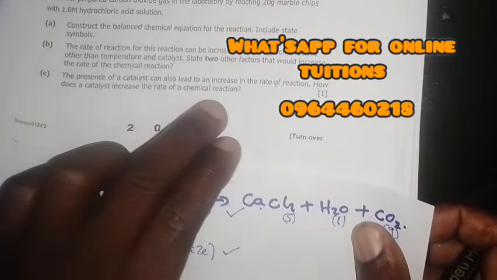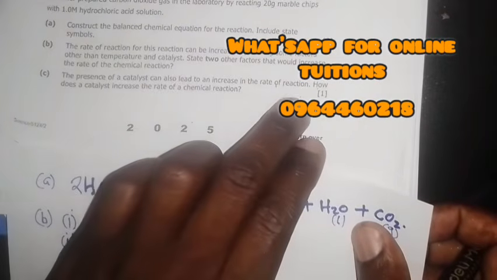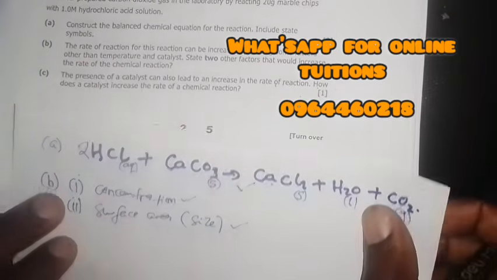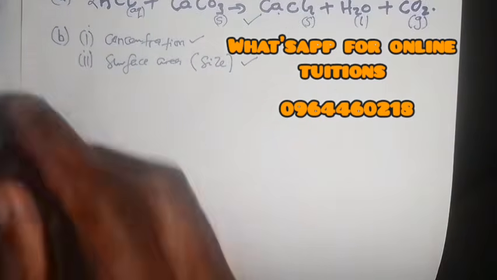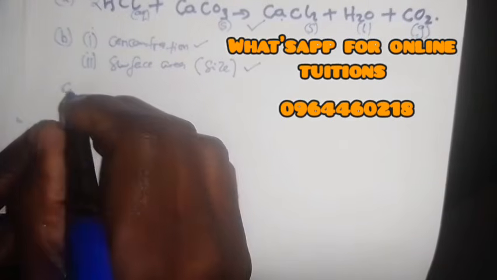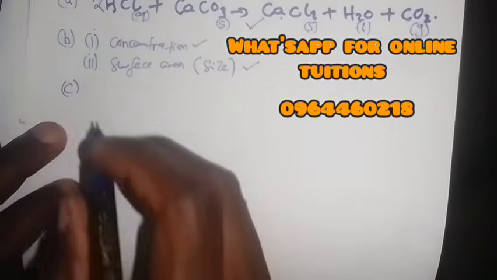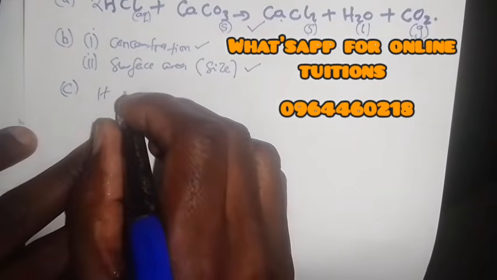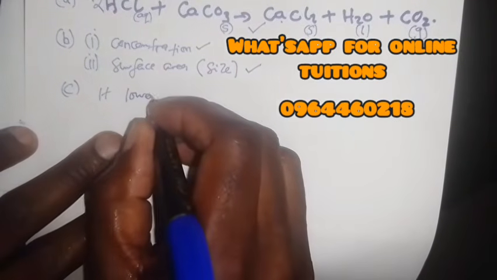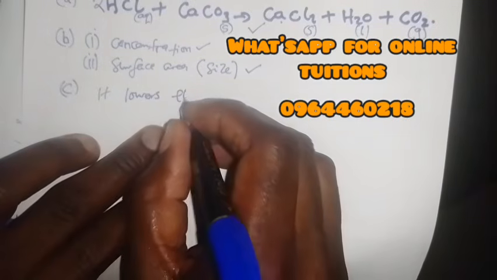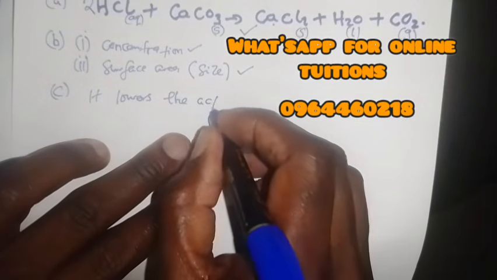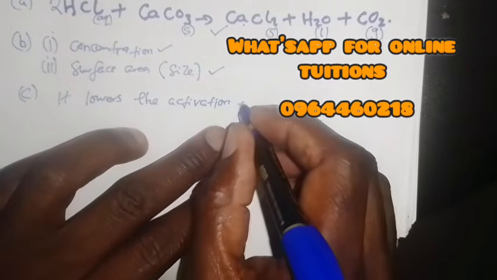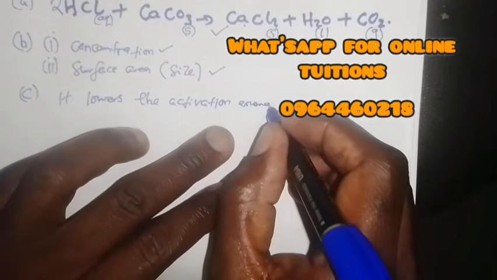The presence of a catalyst can also lead to an increase in the rate of reaction. How does a catalyst increase the rate of a chemical reaction? So this one is C. So the catalyst lowers what is called the activation energy.